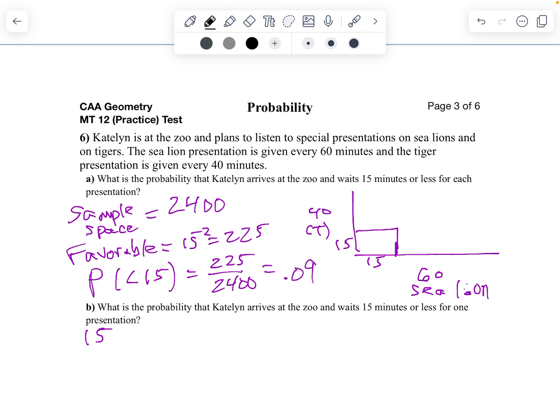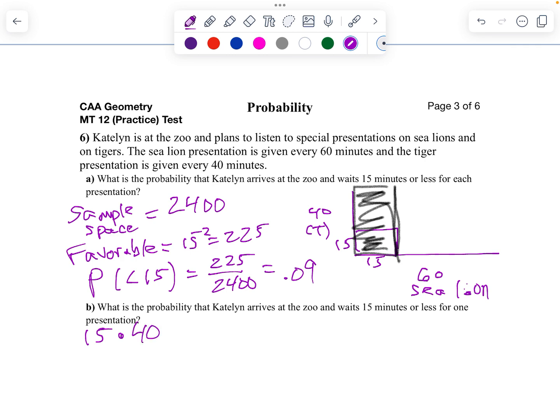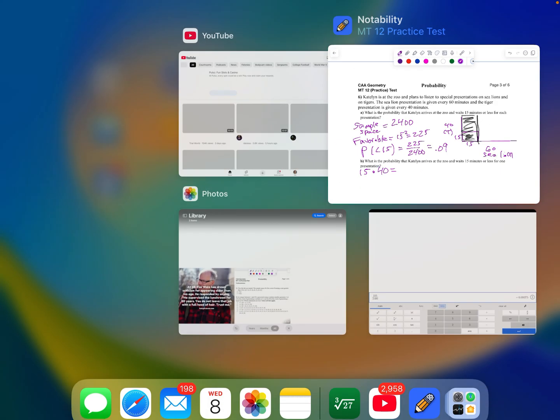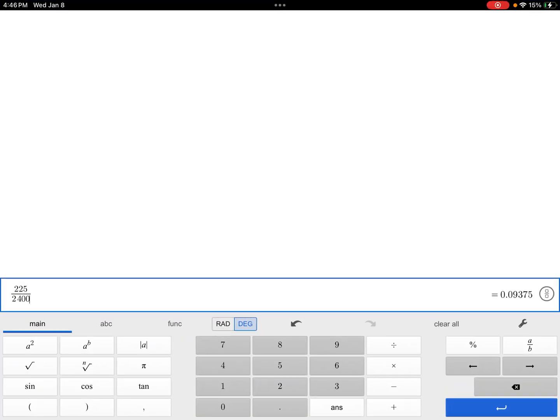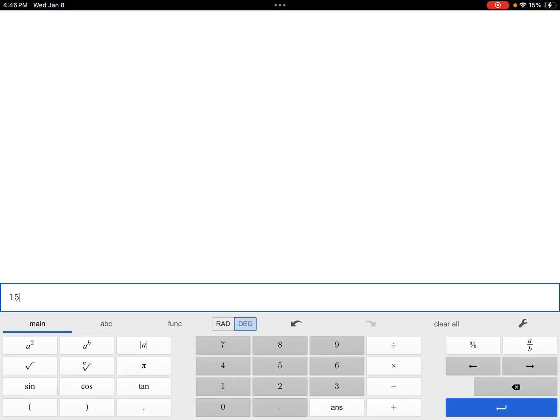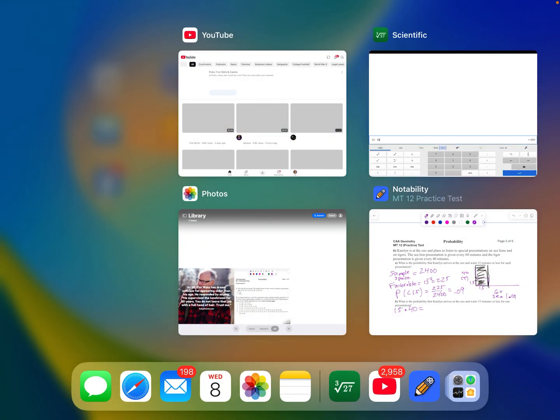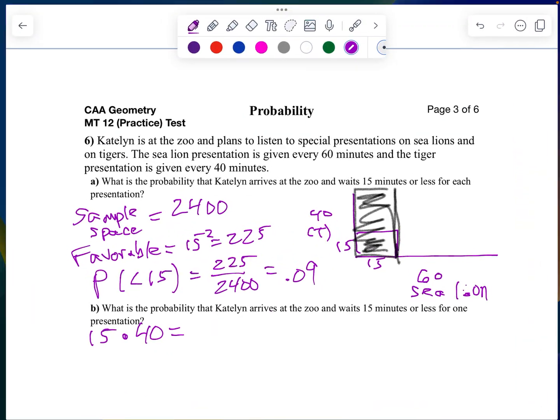So if I go sea lions, they're going to be 15. So this would be waiting less than 15 minutes for the sea lions. So I'm going to go 15 times 40. Pretty sure that's 6,000, but I'm going to double check. It's 600. Can't count my zeros. So I get 600.